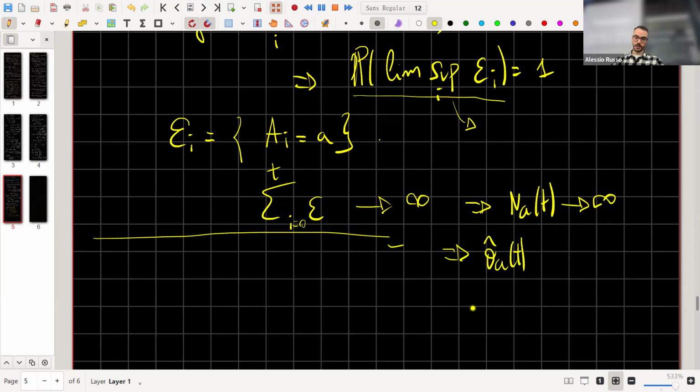And since I'm already here, I can also give the definition of what theta hat_A(t) is. It's simply the average value for Gaussians.